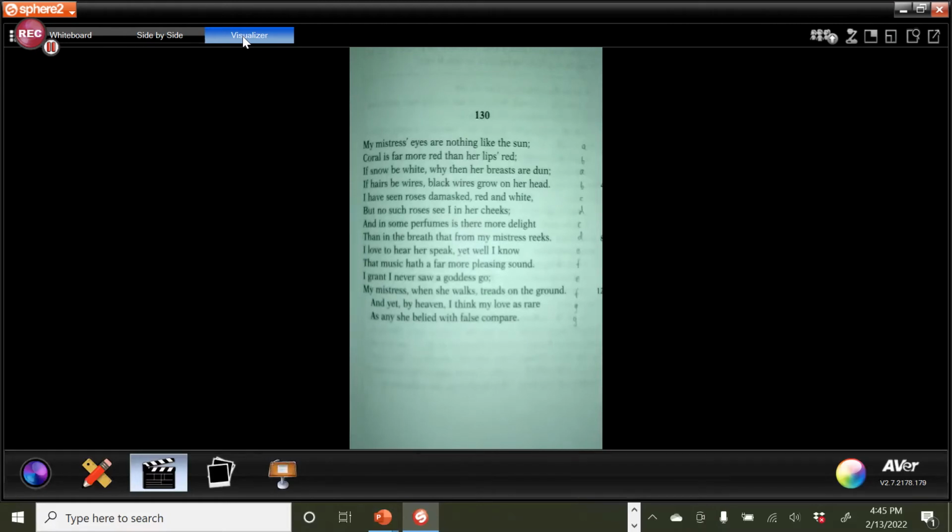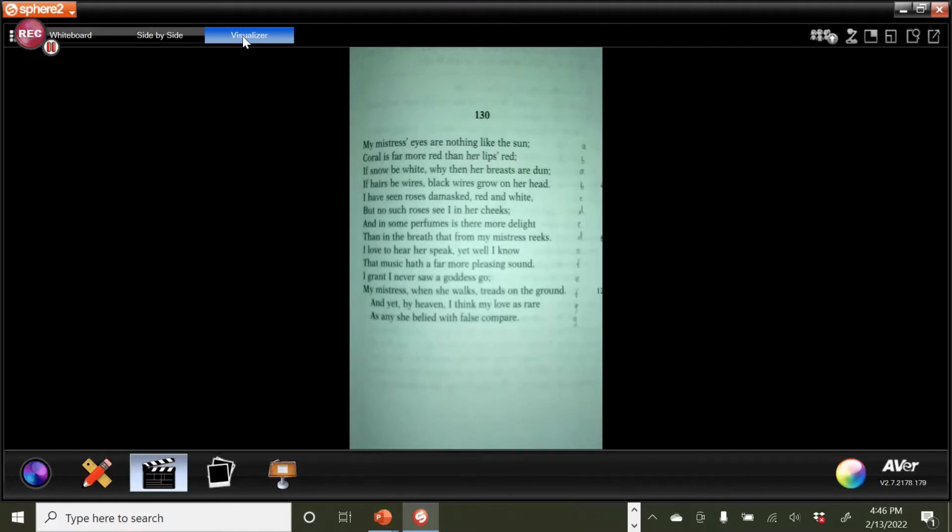So notice we've got an array of visual imagery: the eyes, the lips, the comparison of the color of snow to the woman's breasts, and again we already talked about the skin tone, and then if hairs are wires, black wires grow on her head. So we've got the predominance of the visual imagery, although you do have some implied tactility here with the snow and with the wires of the hair.